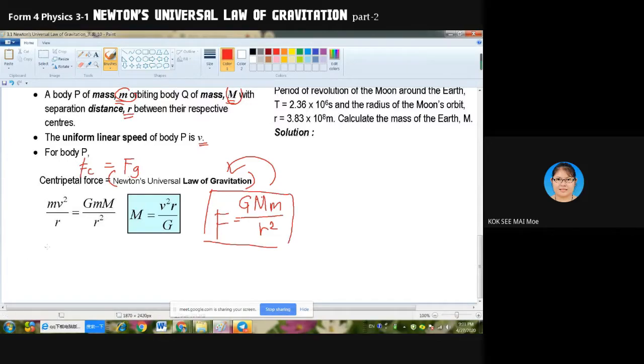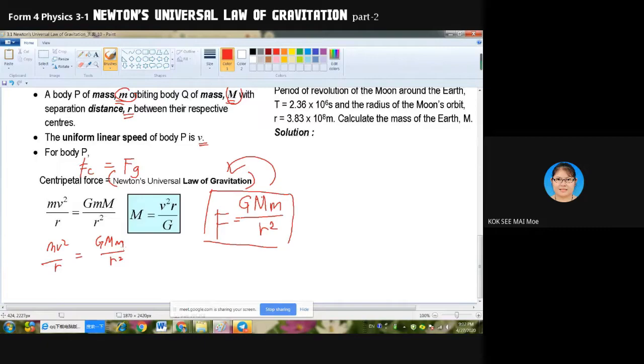So from here, the centripetal force is mv squared over r, and this one is G, capital M, small m, over r squared. From this question, we need to find the mass of the Sun and also the mass of the Earth.